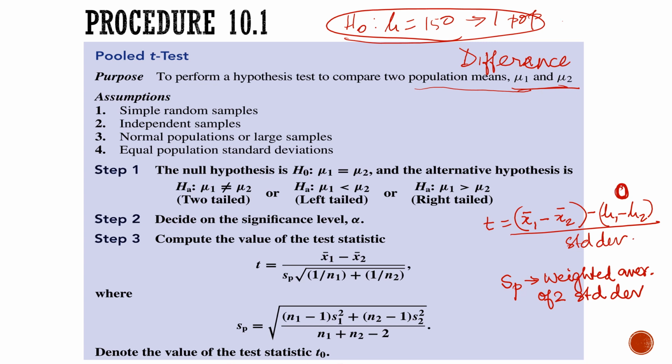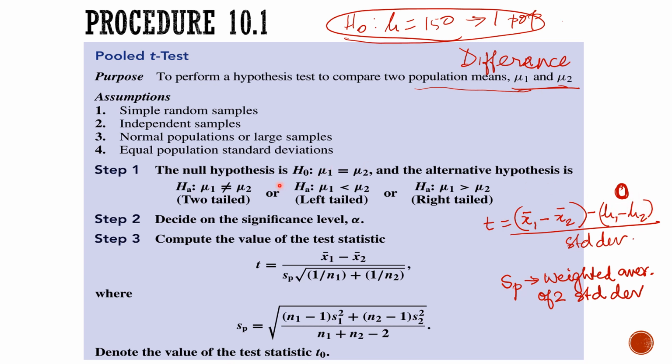And when we subtract 0 from any value, we are going to have x bar 1 minus x bar 2, whatever the difference of the sample means is. So that is the reason they have gotten rid of this part of the formula in the numerator.